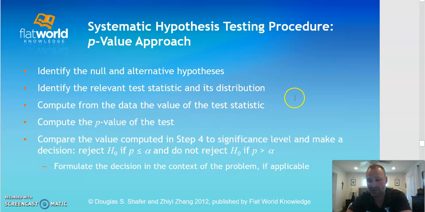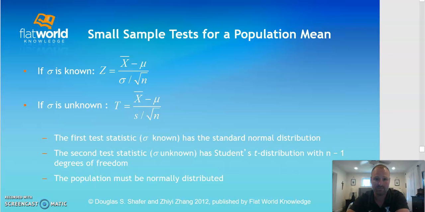Fourth, compute the p-value of the test. Fifth, compare the value computed in step 4 to the significance level and make a decision: reject the null hypothesis if p is less than or equal to alpha, and do not reject if p is greater than alpha, okay? And then you're going to formulate your decision based off of the context of the problem, right?